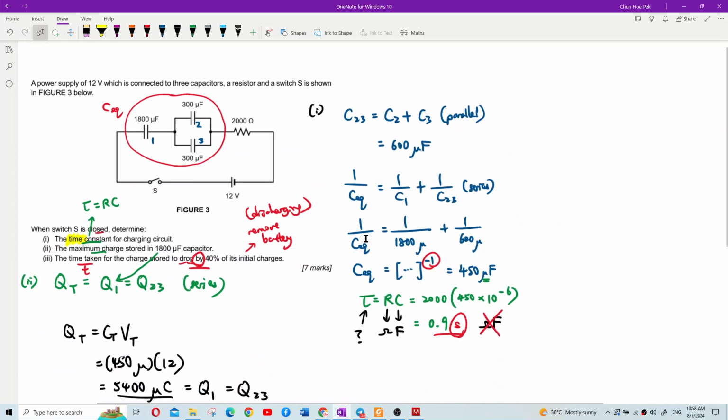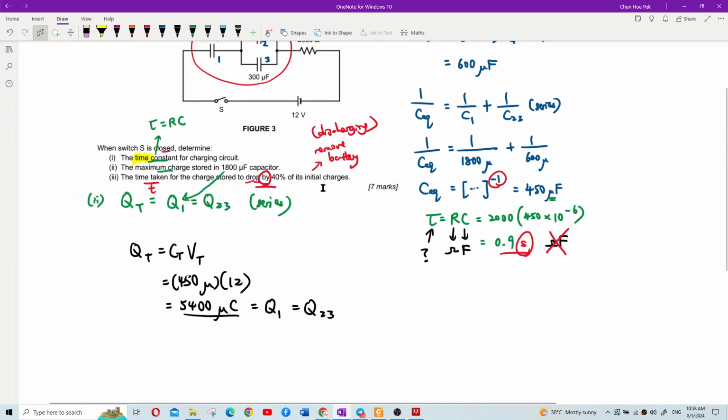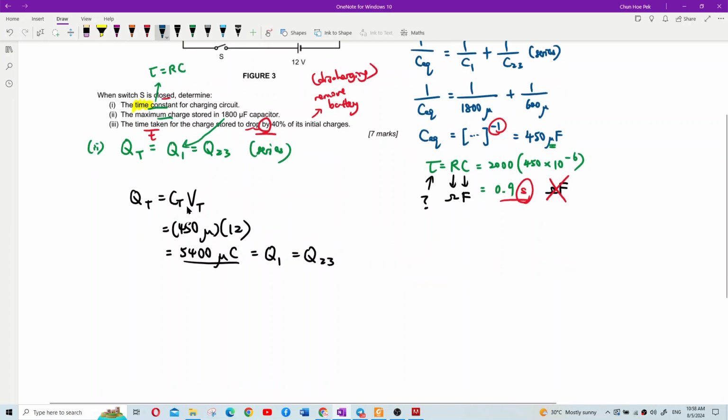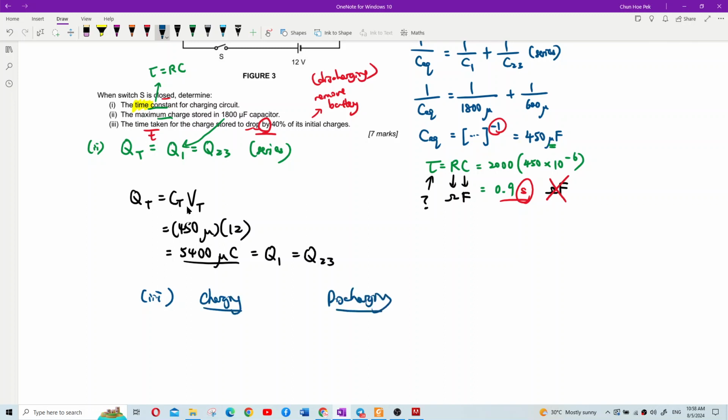So how to find? This is about discharging already, a discharging capacitor. Question 3. So this is about charging, discharging. Remember about charging, discharging, class? Many of you get the equation wrong.